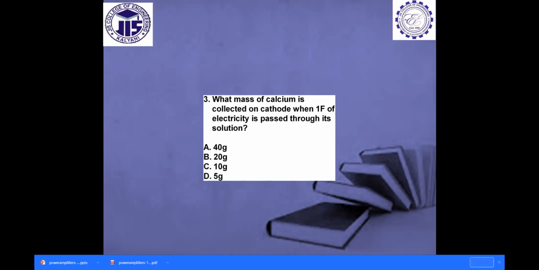What mass of calcium is collected on cathode when 1F of electricity is passed through its solution? Question number 3, write down the question and the options also.